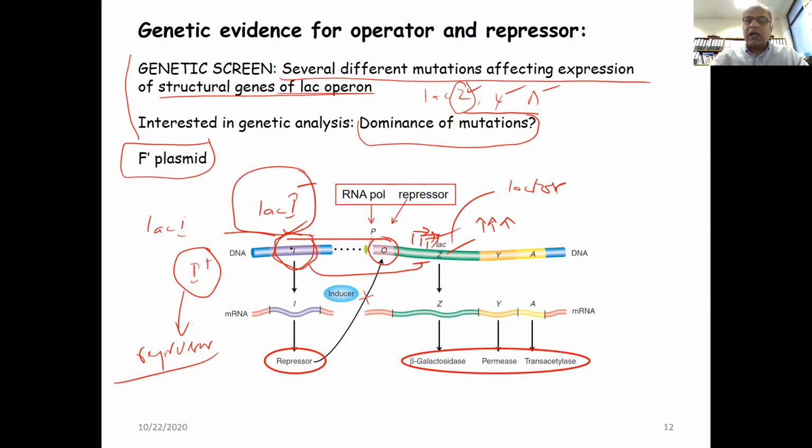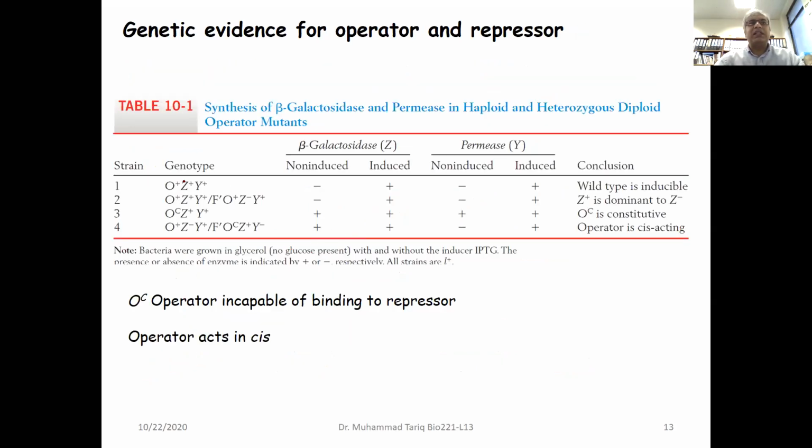So in other mutants, what they discovered when they found so many other mutants: O plus, Z plus, Y plus, these are genotypes. This is wild type indeed, plus means wild type. In the absence of lactose or IPTG, which means non-induced, the beta galactosidase minus or plus is the readout.